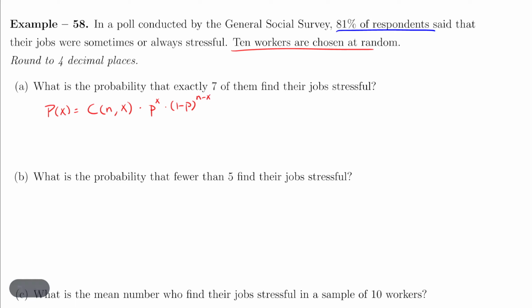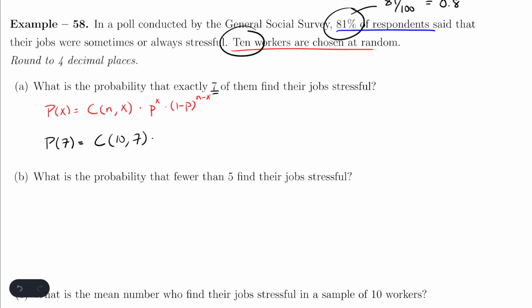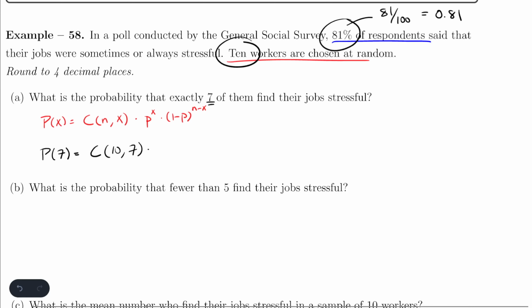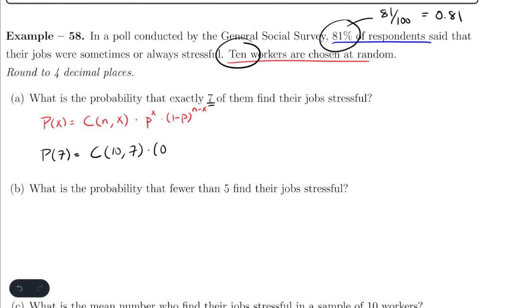Now here we care about exactly 7, so for us this will be the combination of 10 workers, choose exactly 7, times the probability 81% said their jobs were sometimes or always stressful. That's 81% is part out of 100. 81 divided by 100, type that into your calculator and you'll get a decimal probability of 0.81. So that's 0.81 to the 7 times 1 minus 0.81 to the 10 minus 7.